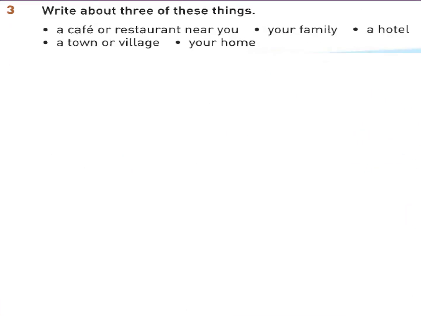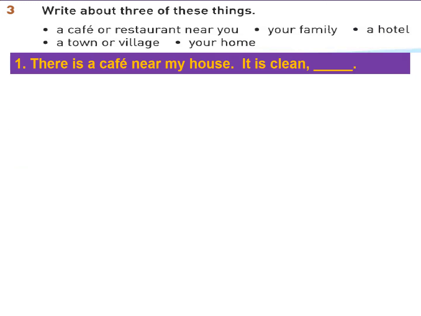Number 3. Write about 3 of these things. A cafe or restaurant near you, your family, a hotel, a town or village, your home. Make sentences using and or but. For example, number 1.